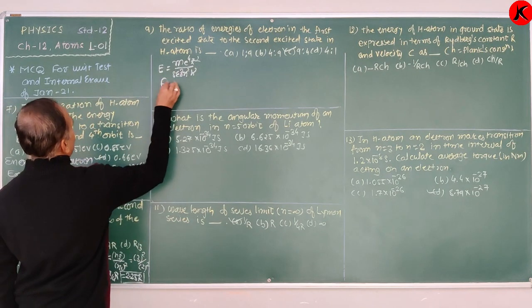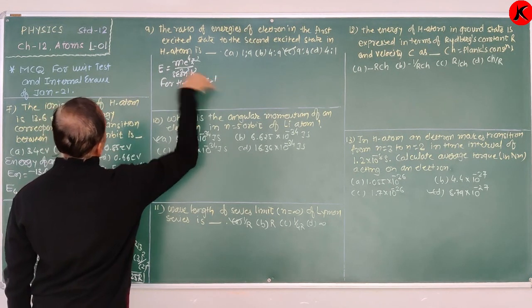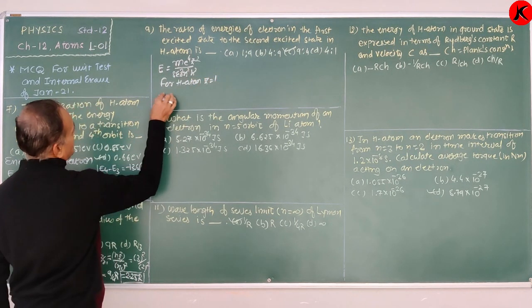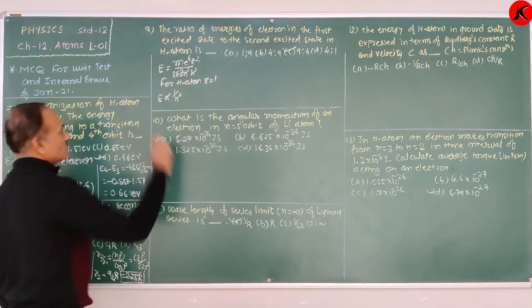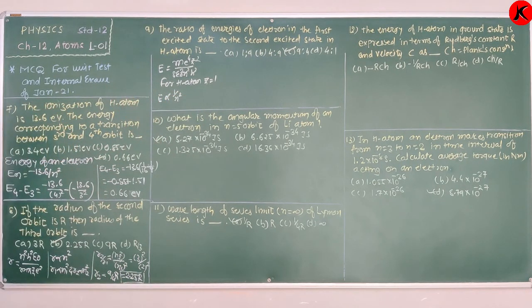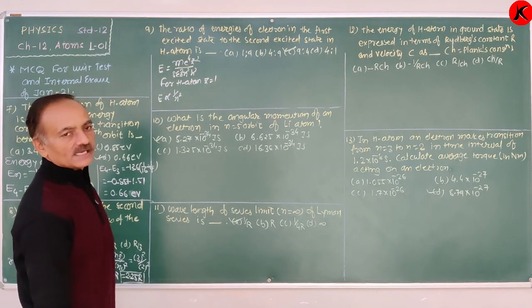For H atom, Z is equal to 1. Therefore, energy is inversely proportional to the square of the orbit number. Now, for first excited state, n1 is equal to 2.